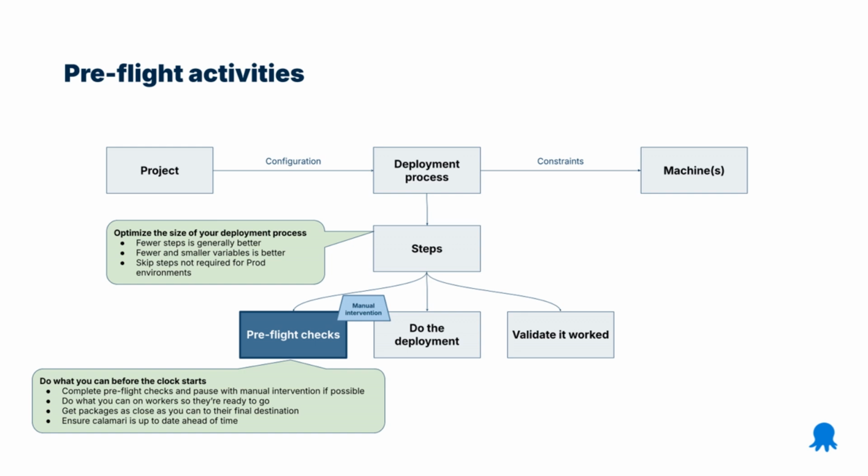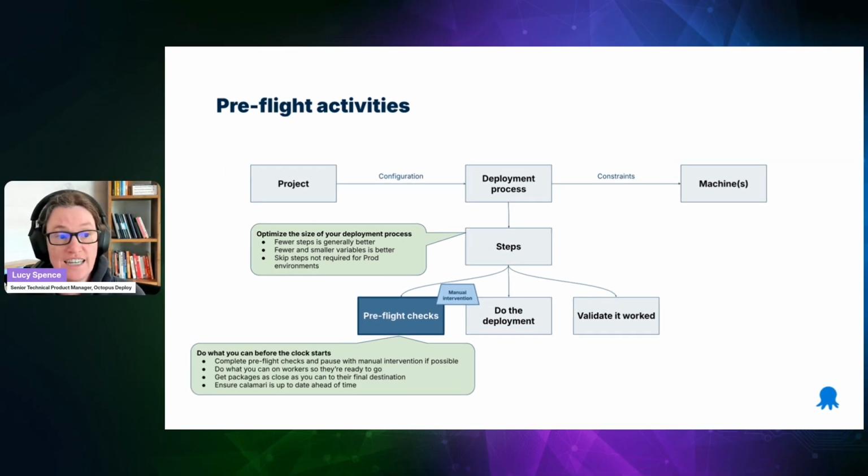On the topic of packages, moving packages around is often one of the bottlenecks. Do what you can to get them as close to the machine as possible. If you can move packages to the device before a deployment window starts, I highly recommend that you do that.